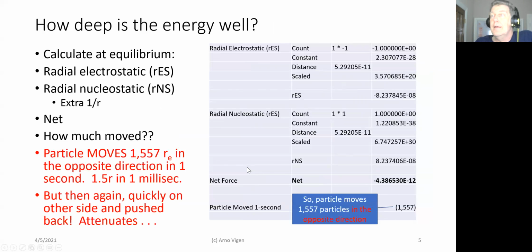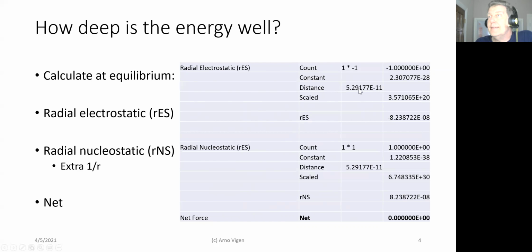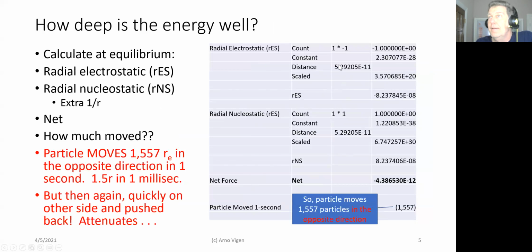So let's see what happens to this energy well. And for that, I'm going to take that distance and I'm going to change it by 1 particle. 5.29 times 10 to the e, 5.29, but 1, 2. So I'm going up by the 2 point something in this 5th digit, which is the size of a radius.